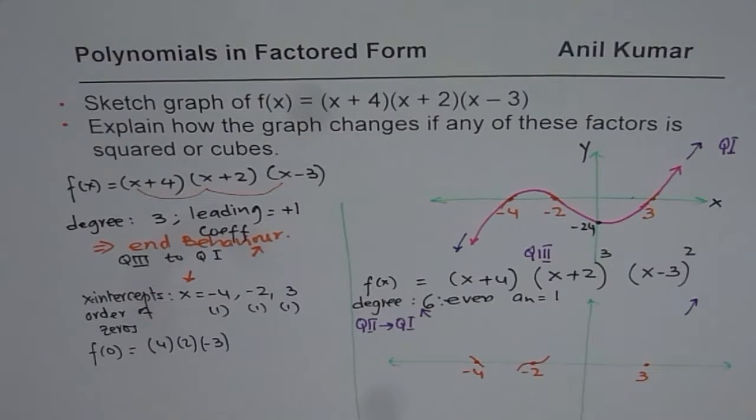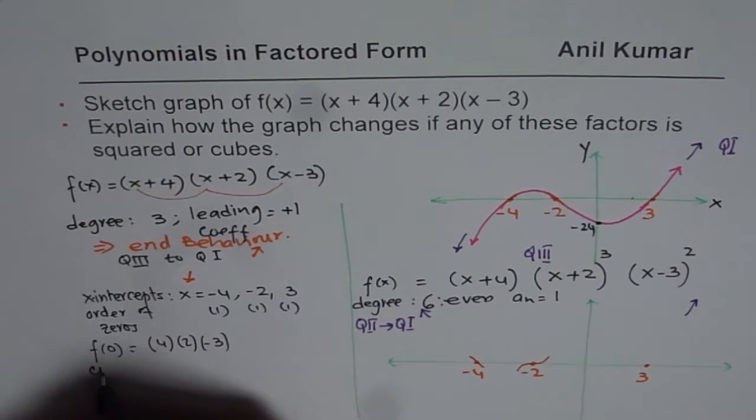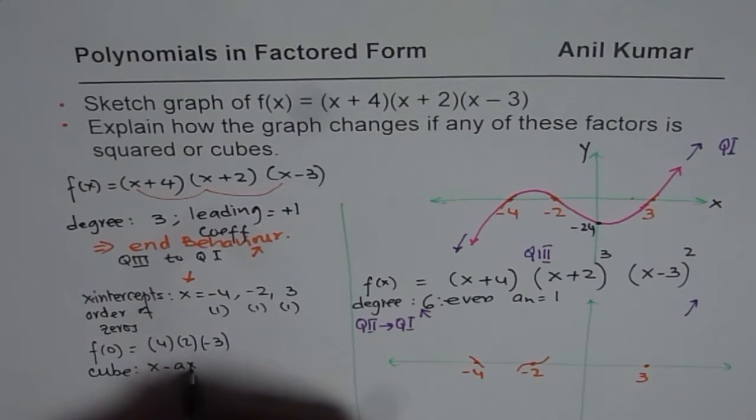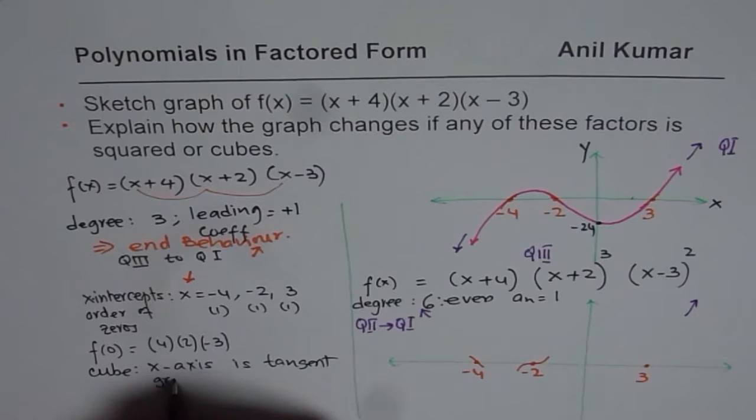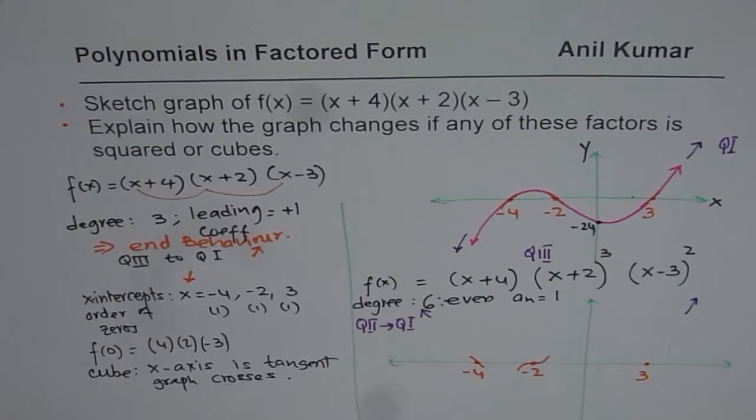Let me write down what happens to the cube: the x-axis is tangent and the graph crosses. So it crosses like this. Yes, 2 was the cube.